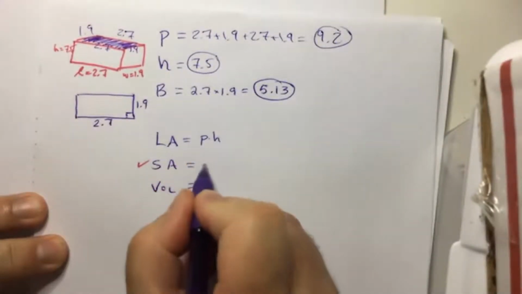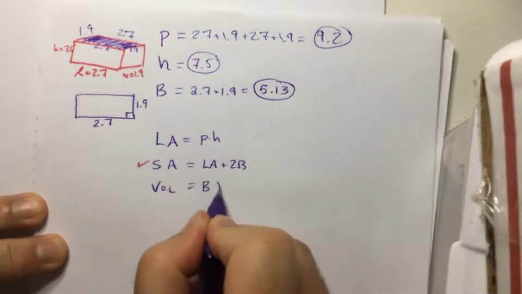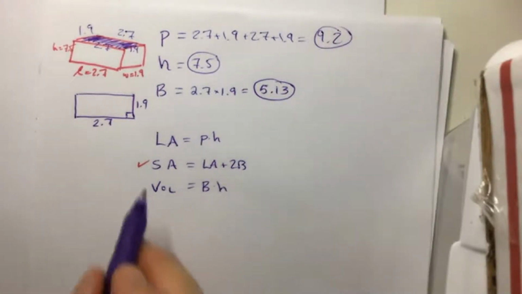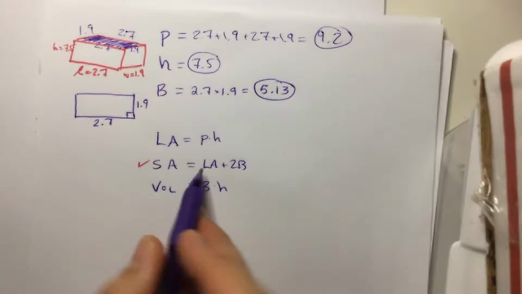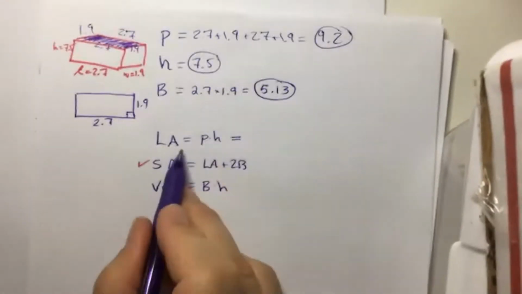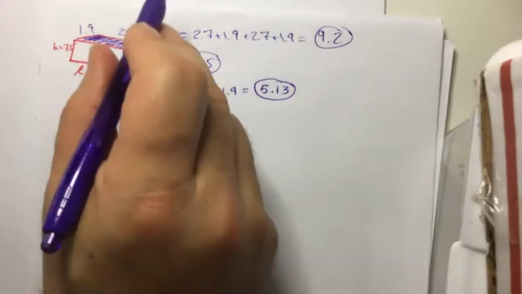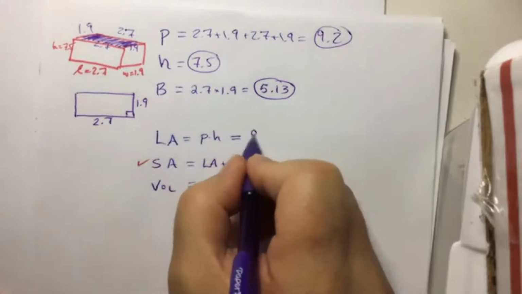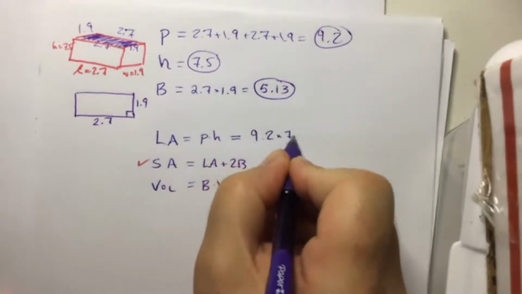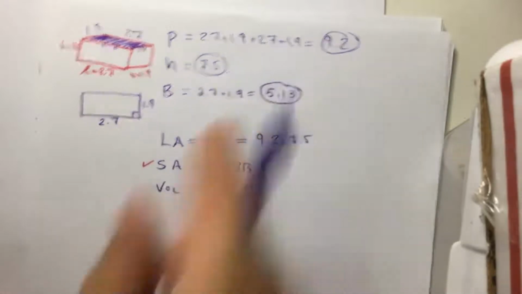P times H, LA plus 2B, and B times H. Since we're looking for surface area, I really only need to do this one, but it requires me to do lateral area, so let's do this first one. Lateral area is P times H. Well, here's my P, and here's my H. So in my case, it's going to be 9.2 times 7.5. You'll have different numbers here, but they're the numbers you calculated up here.